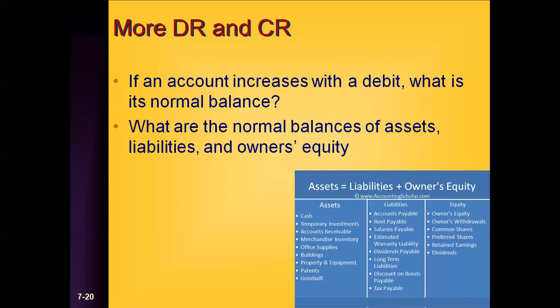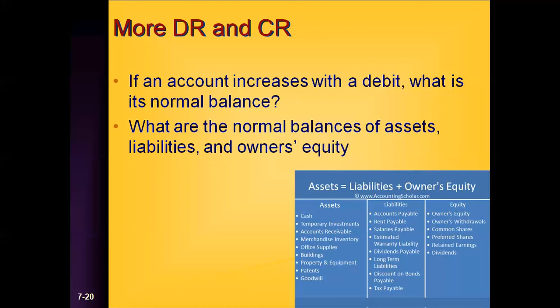When you increase an asset, there would typically be a debit or a DR to that particular account. Offsetting that would be entries in liability accounts and the owner's equity accounts, and in those cases, those would be considered credits.